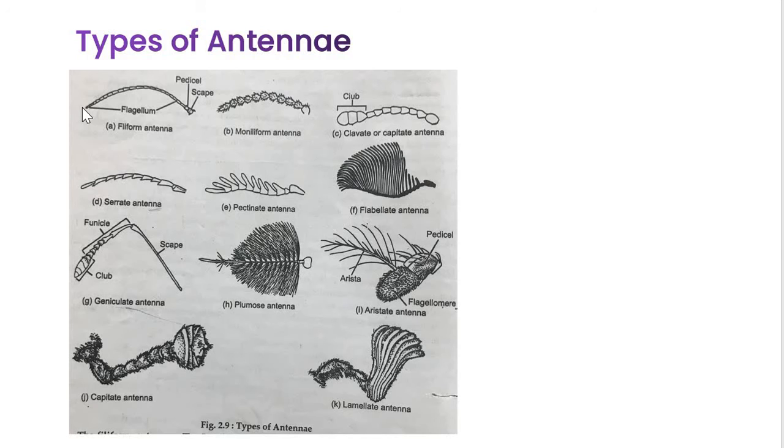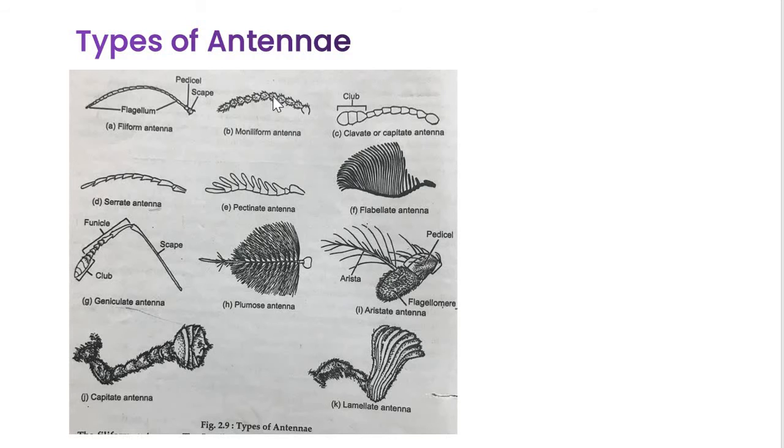Now the next type of antenna is the moniliform antenna. Here you can see this diagram also, the moniliform antenna. The flagellum of this antenna is composed of globose-shaped segments, providing a beaded or necklace-like appearance to the entire antenna.